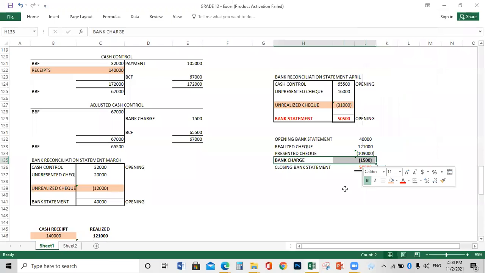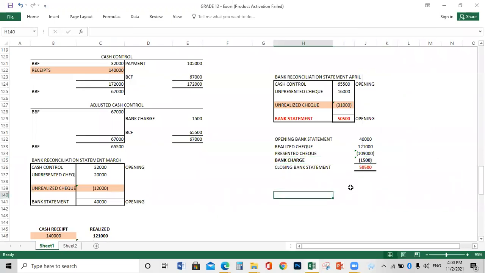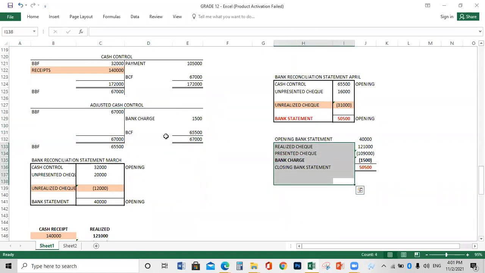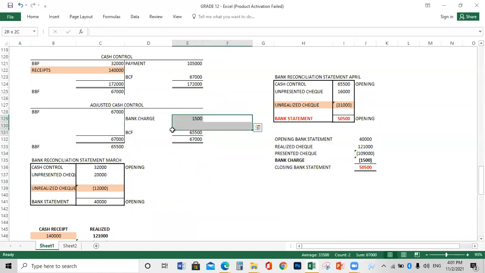You will ask me why I specifically deducted the bank charge. Because bank charges are omissions, which are not there in the cash control. It is only recorded in the bank statement. After you receive the bank statement, then only you will record it in the adjusted cash control. Until you receive the bank statement, you don't know about this bank charge.